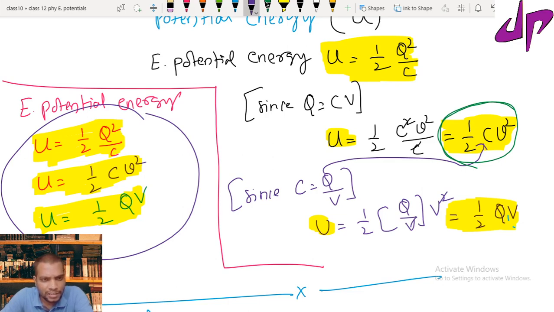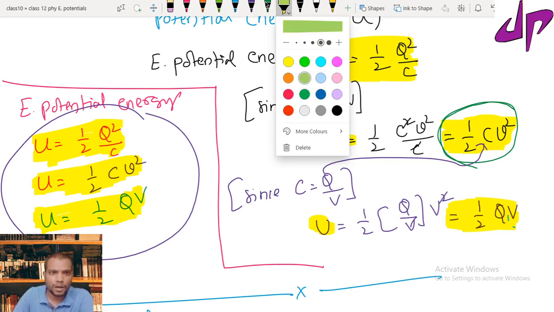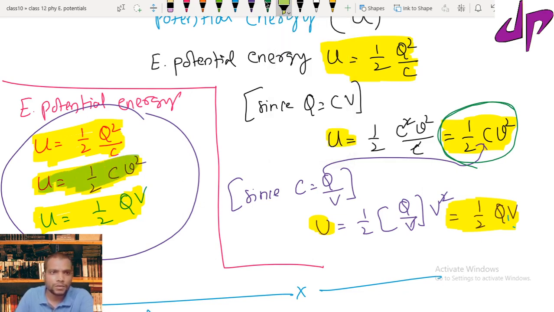And the relation between potential energy, charge and potential: half QV. I encourage you to remember the expression half CV square, since from this we can derive the other two expressions, using the capacitance and charge relation C equal to Q by V.